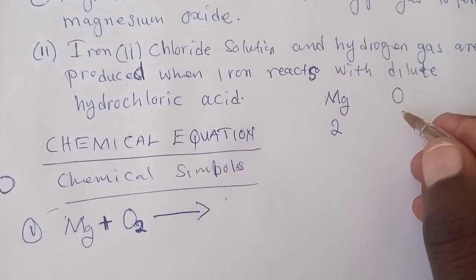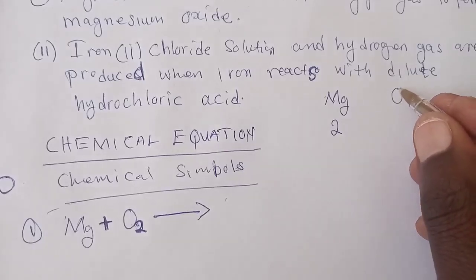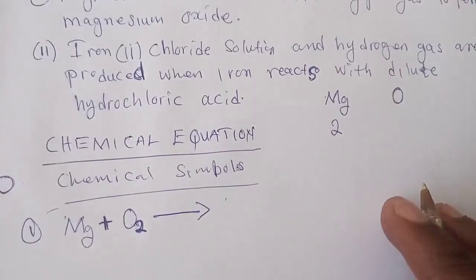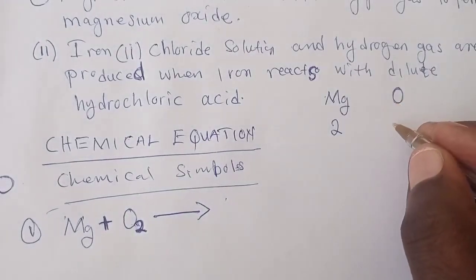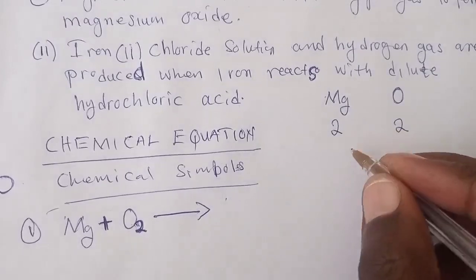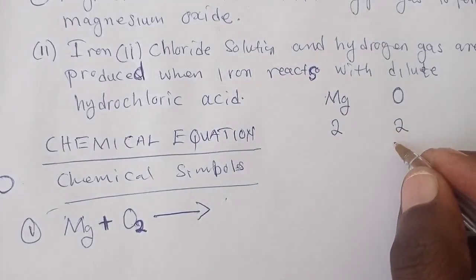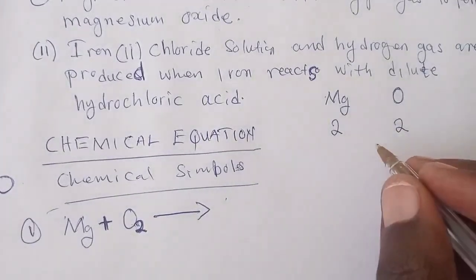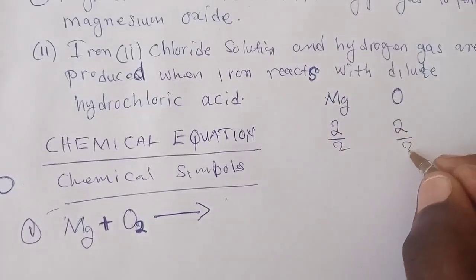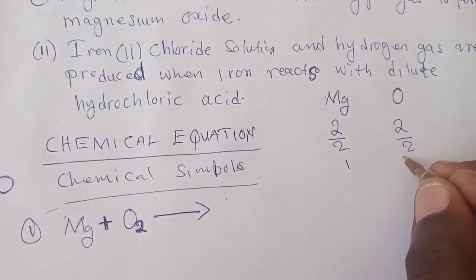On the periodic table, I showed you how to find the valence numbers. Oxygen also has a valence of 2. So when they swap their valences and divide by the common factor, 2 divided by 2 gives 1, and here also 1.